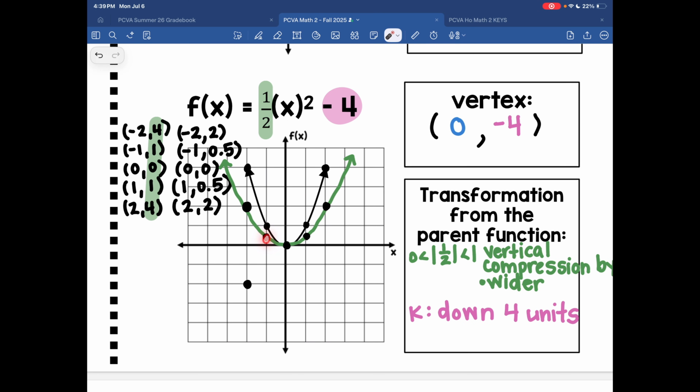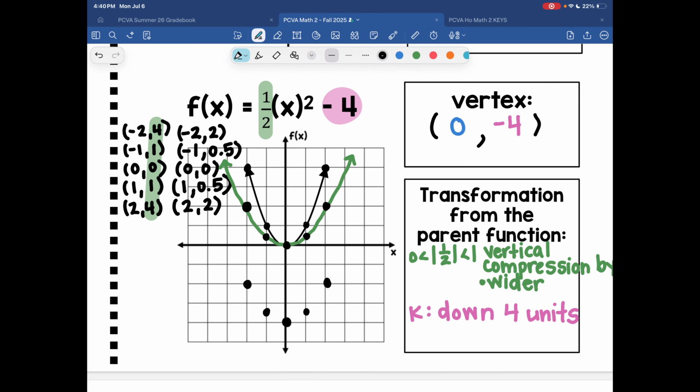If I go down 4, that's going to put me at, whoops, sorry, not negative 4.5, it's going to be negative 3.5. So same thing here. And then finally, if I go down 4, that's 1, 2, 3, 4.